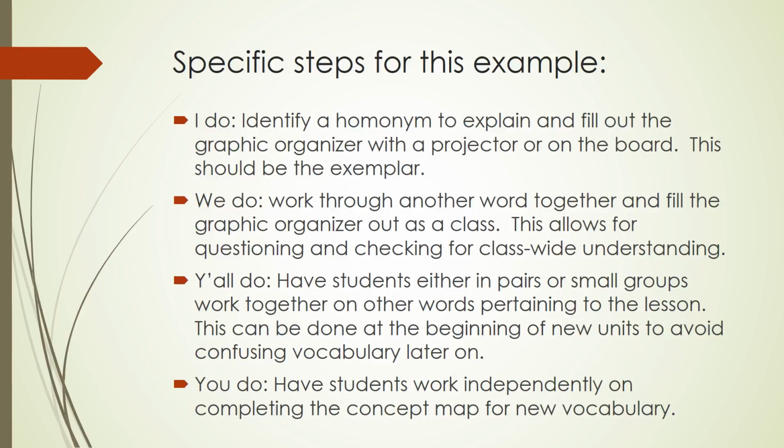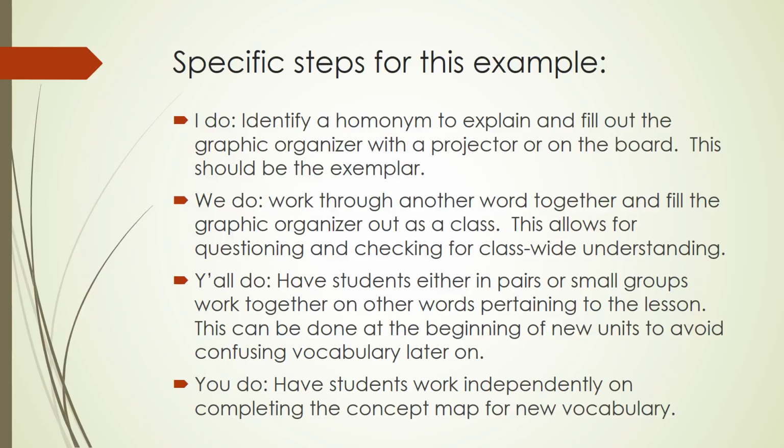I imagine having students pair up in specific ways, either by emergent bilingual level or English proficiency level, or you can pair them up in different ways, like having a higher level paired up with a lower level to help out.